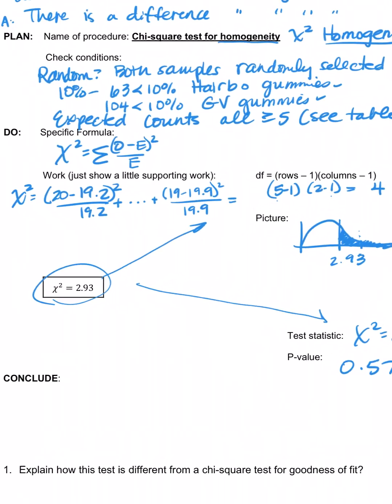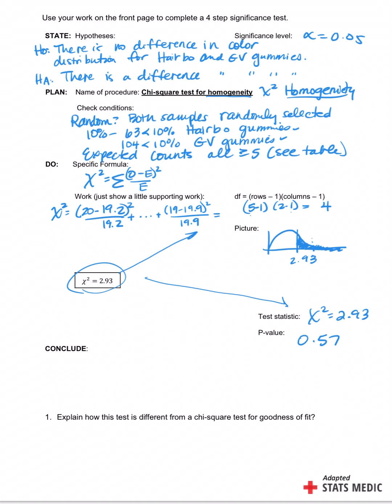Alrighty, now we're good. So we can write our conclusion. We can say since 0.57, that's much greater than our alpha, right? So what are we going to conclude here? We failed to reject, good. Failed to reject the null. Then what? Yeah.